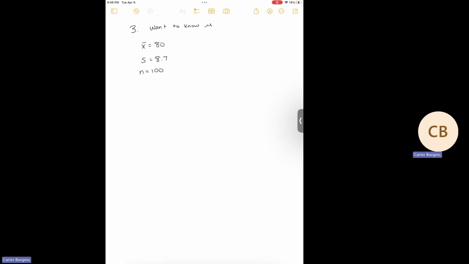And we're being asked to construct a 95% confidence interval, and then state what the margin of error is. All right. So I don't have with me my fancy calculator that'll let me do this, so I'm going to have to do this by hand. If I did have access to my calculator, this is going to be a Z interval.